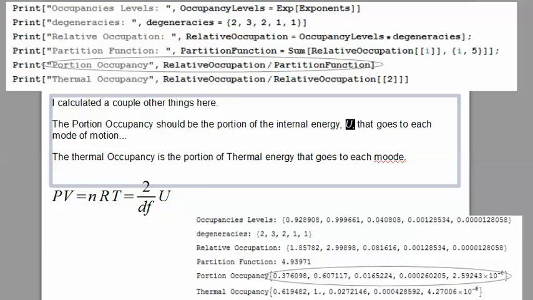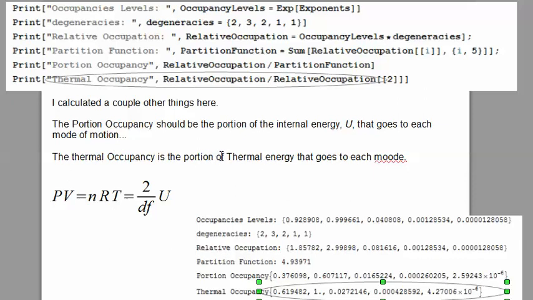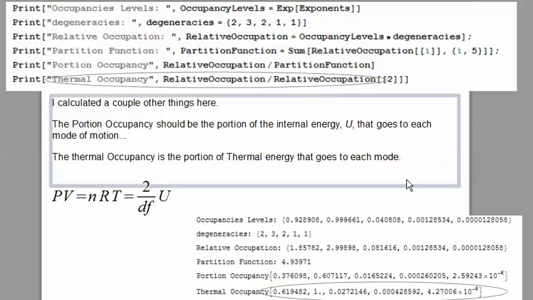And the thermal occupancy is the portion of thermal energy that goes to each mode. Okay, so if you calculated PV equals nRT, the value of PV is in joules. If PV is joules, then there would be 1 joule in the linear mode, about 619 millijoules in the rotational mode, and 27 millijoules in the bending mode.